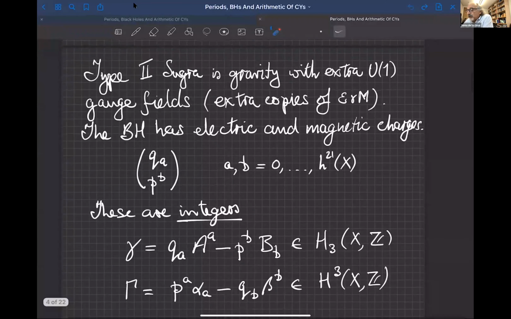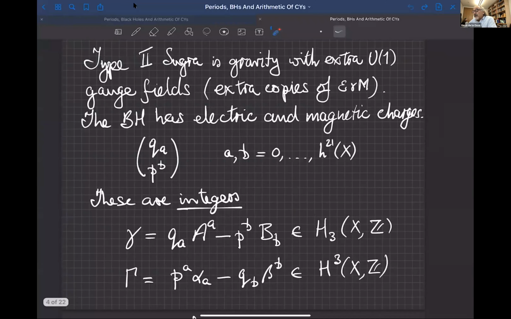Now, type 2 supergravity is not just gravity. It's gravity with extra U(1) gauge fields, so a certain number of extra copies of electromagnetism. The black hole has electric and magnetic charges with respect to these types of electromagnetism.